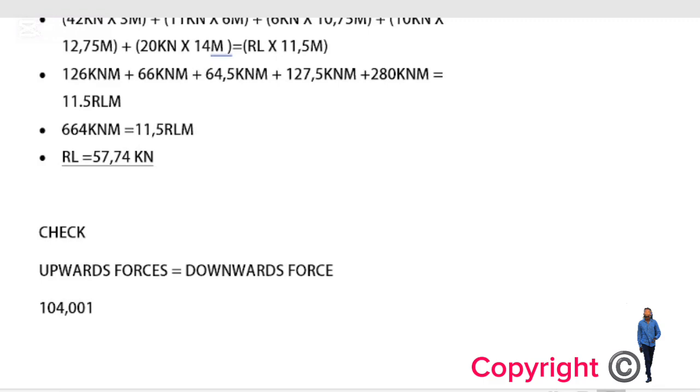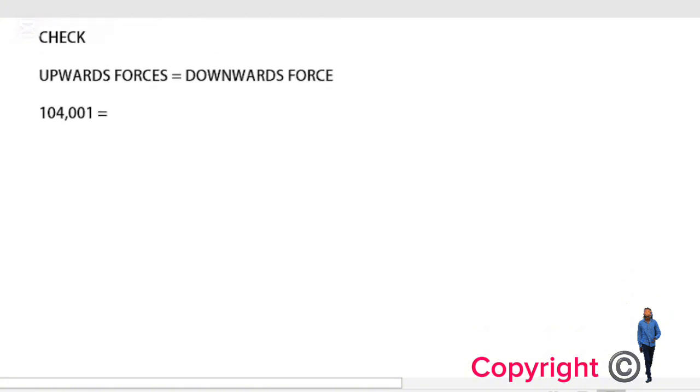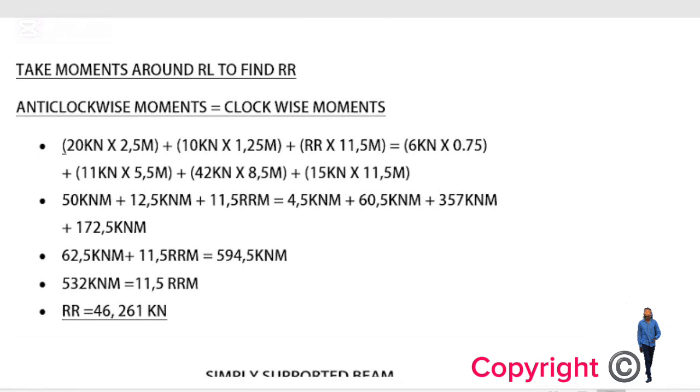104.001 equals the upwards forces. Let's go to the downwards forces.